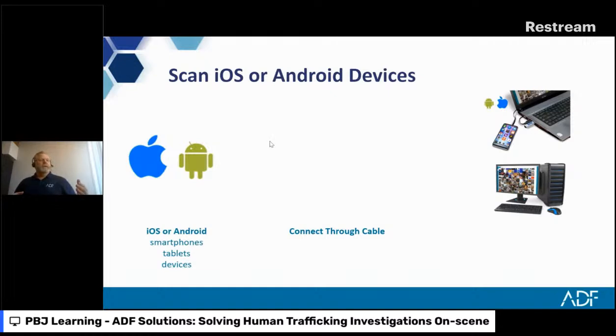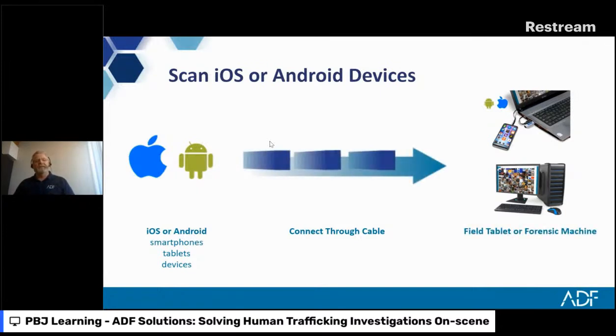So from your field tablet, from a laptop, from your workstation, if you have an iOS or Android device and you want to scan it, it's as simple as connecting it through its data cable to the machine and doing the scan on there.